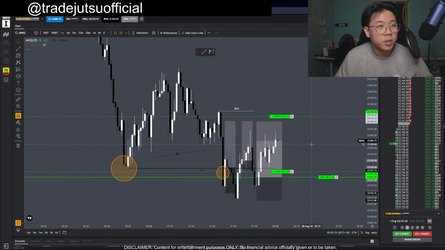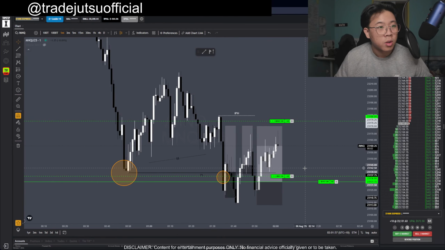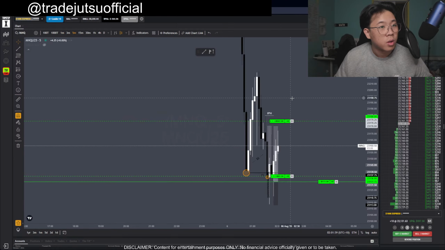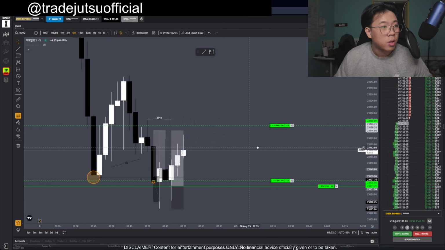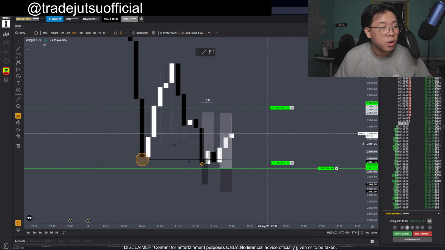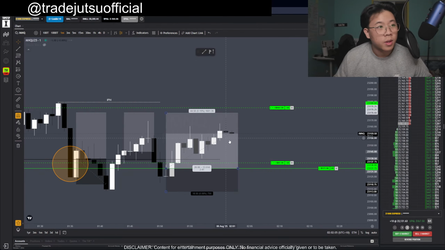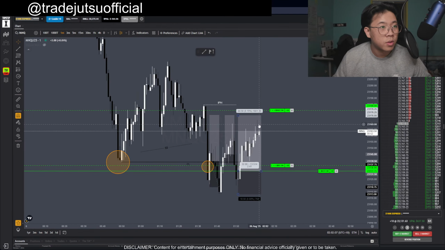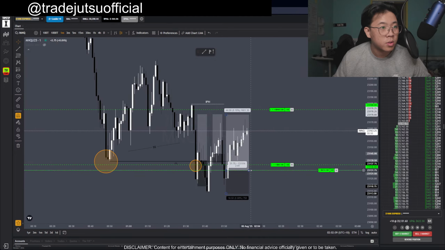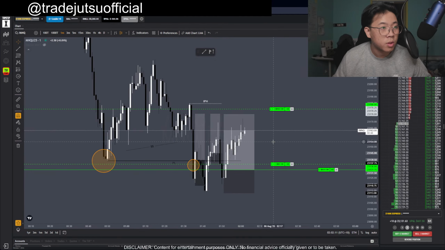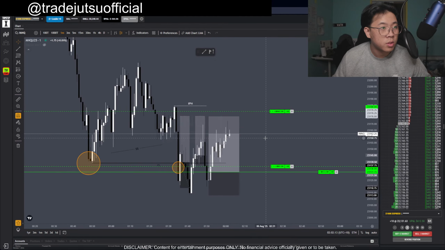Man, I wonder if I should really be taking bits off now. This swept it and it's continuing up, so no real reason. I might take off like 2.